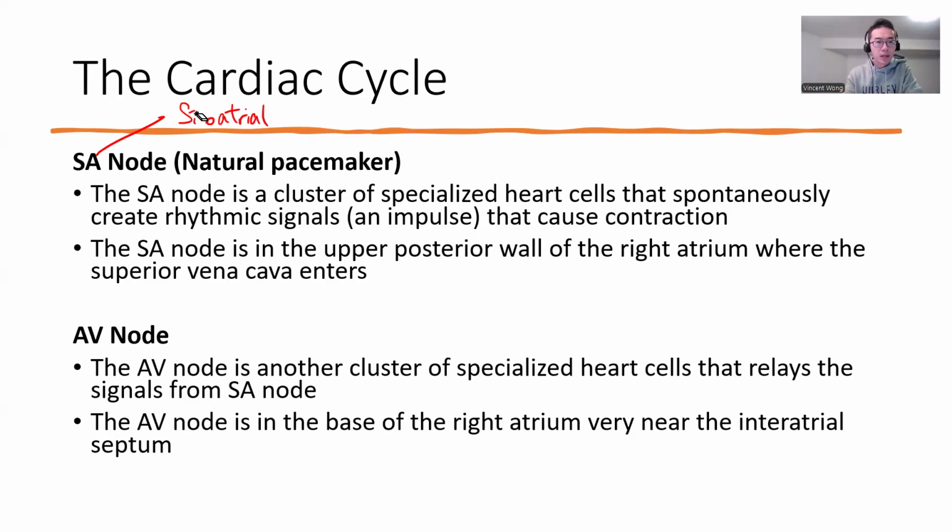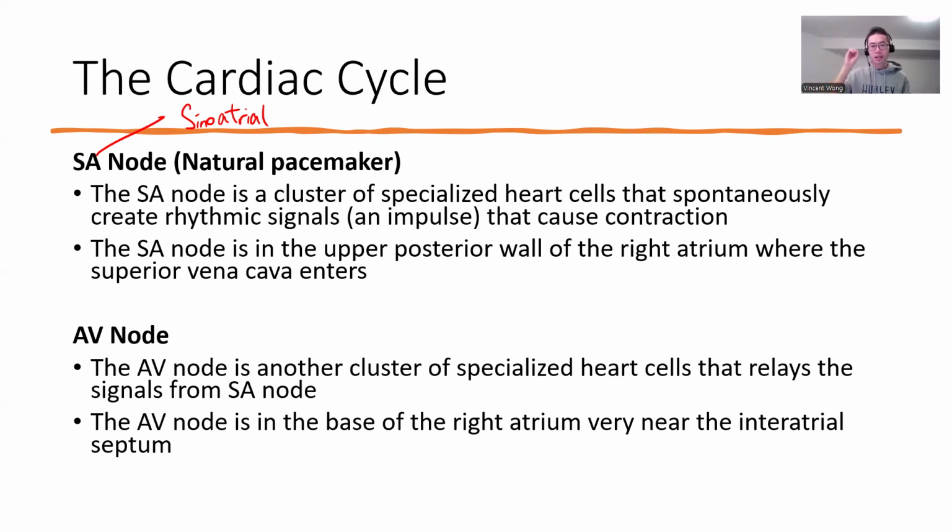Sinoatrial node. It is the natural pacemaker of your heart. Under the influence of your nervous system, it rhythmically sends out electrical signals. Electrical signals are also called impulses.